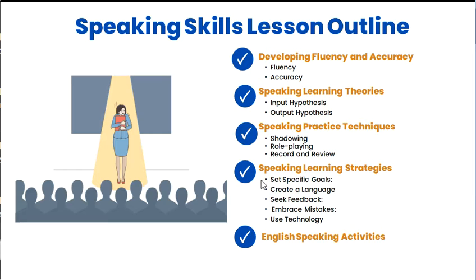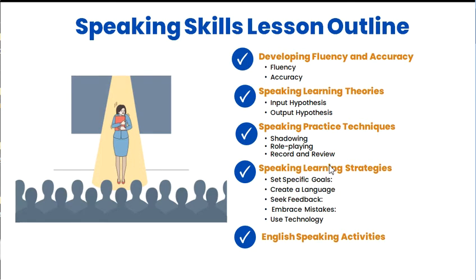Speaking learning strategies will be our fourth section, which covers setting specific goals, creating a language model, seeking feedback, embracing mistakes, and using technology. And finally, we'll be given English speaking activities. Just like you have been given listening activities, you'll be given speaking activities on the basis of speaking practice techniques.